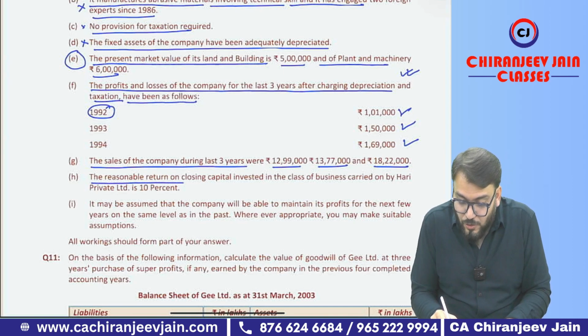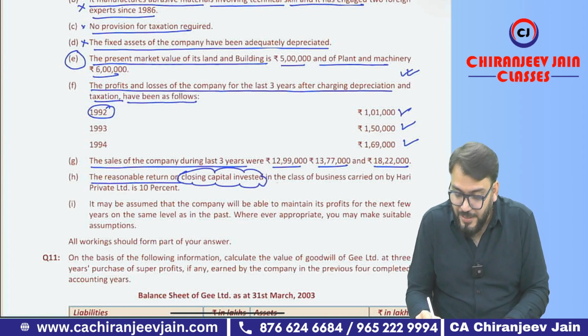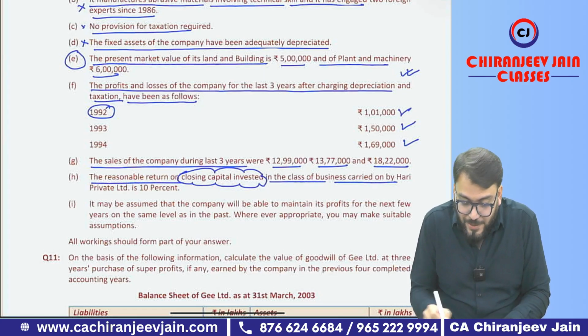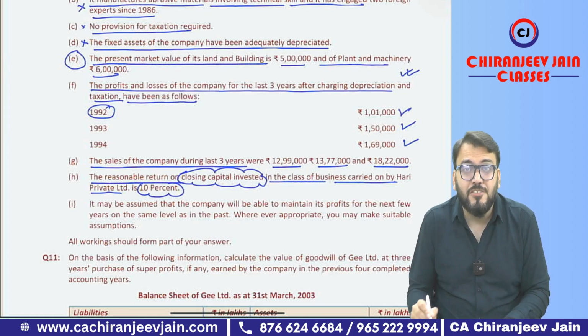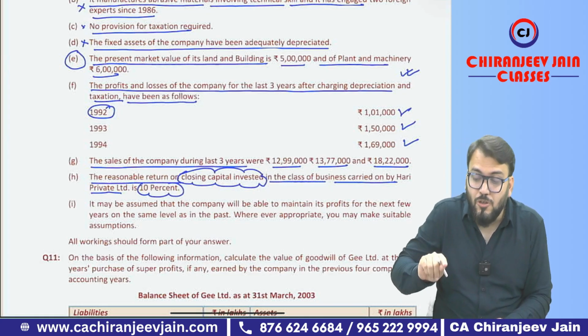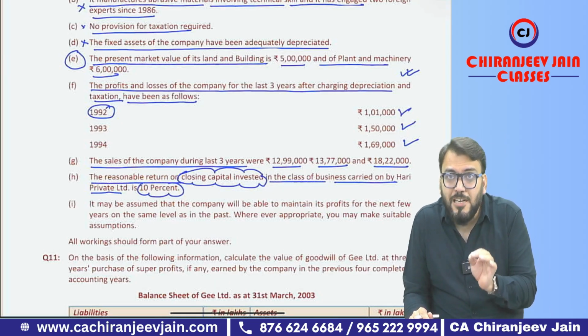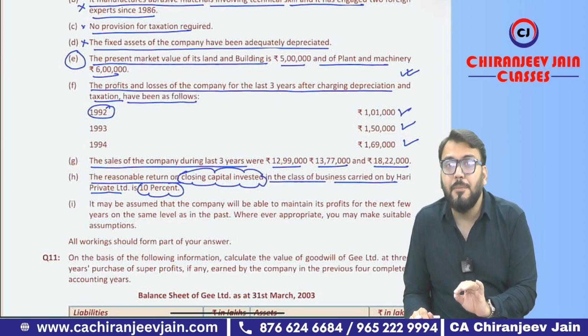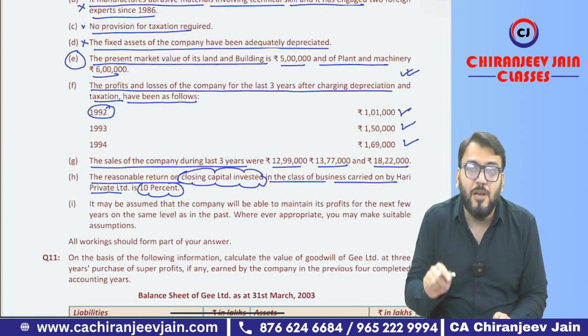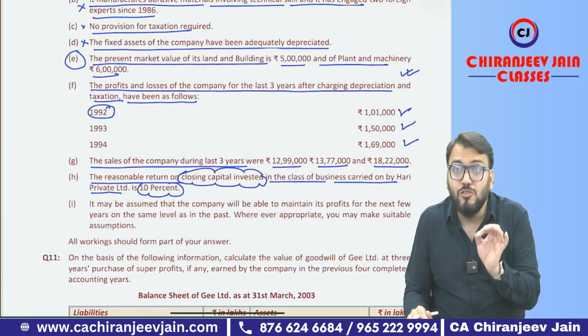The reasonable return on closing capital employed, closing capital invested in the class of business carried on by Hari Private Limited, is 10%. It means they have given the normal rate of return. But they have given normal rate of return on closing capital employed. Whenever they say normal rate of return is on closing capital employed, it means closing capital employed will be used to calculate your normal profit.